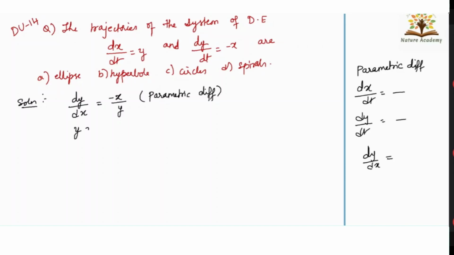Now you can easily use the variable separable method. It will be y into dy equal to minus x into dx, and integrate both sides. Integral y into dy equal to minus integral x into dx.